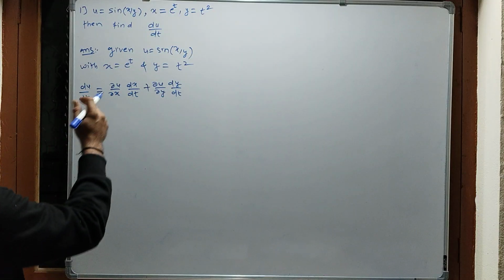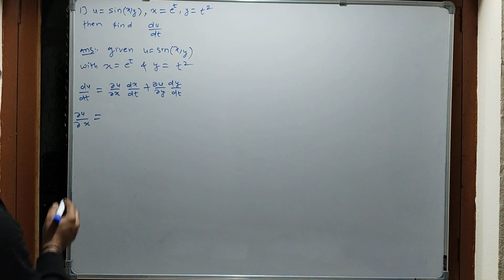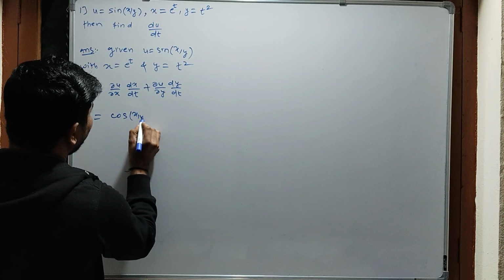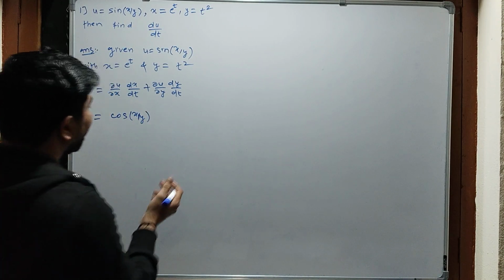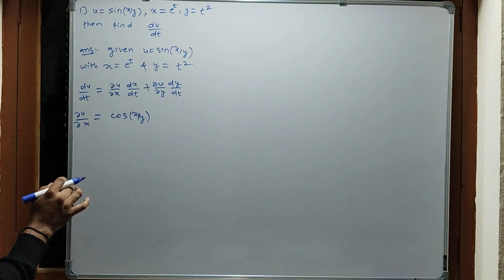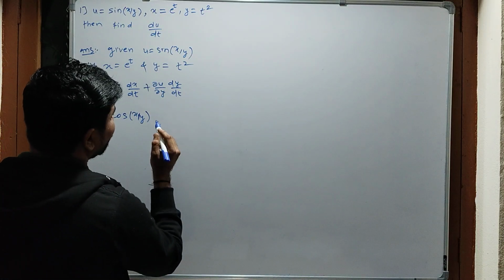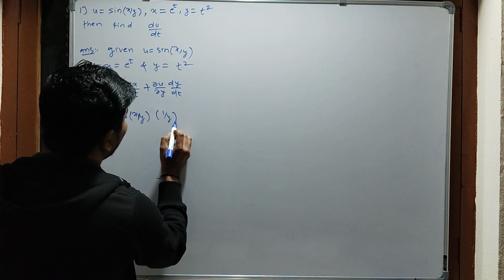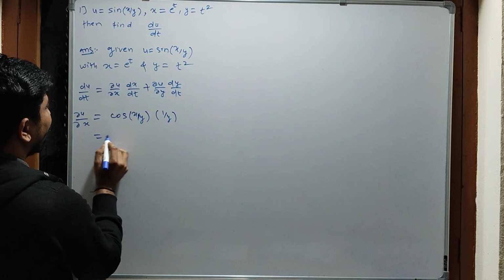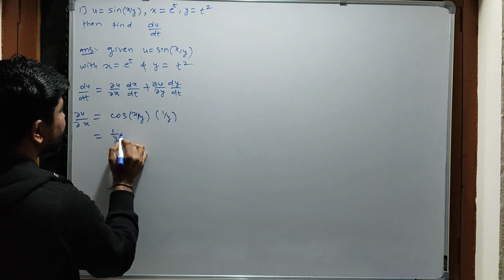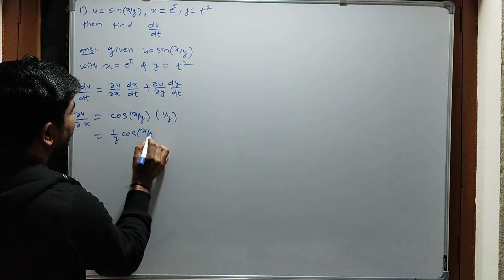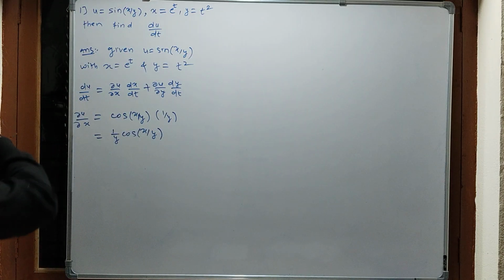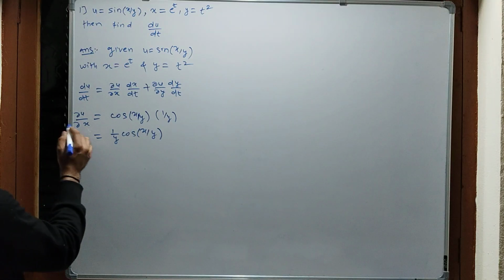First I will find dou u by dou x. Here u is a function of x, y. The derivative of sine is cos of x by y, into the derivative of the angle, that is the derivative of x by y with respect to x, treating y as a constant. This is simply 1 by y, so it equals 1 by y times cos of x by y.